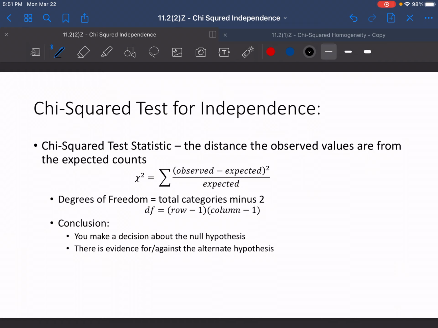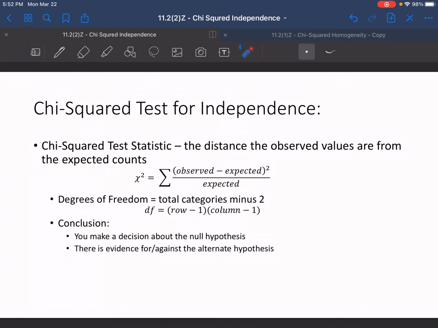Then, to find our test statistic, or the do portion for this chi-squared test, we measure the distance the observed values are from the expected counts. So again, we're looking at the sum of the observed count minus the expected count, squared, divided by the expected count, plus the next instance of that, and so on and so forth.